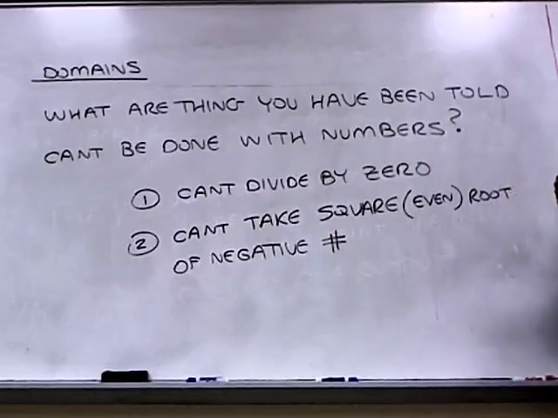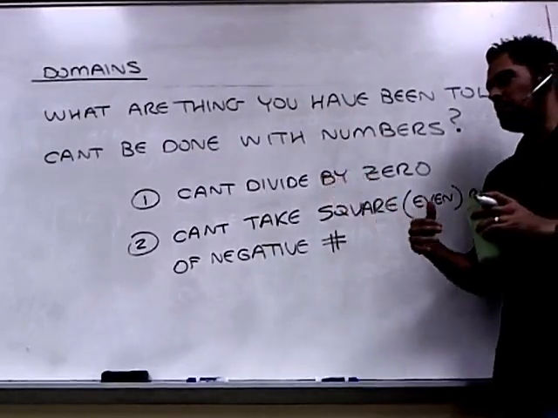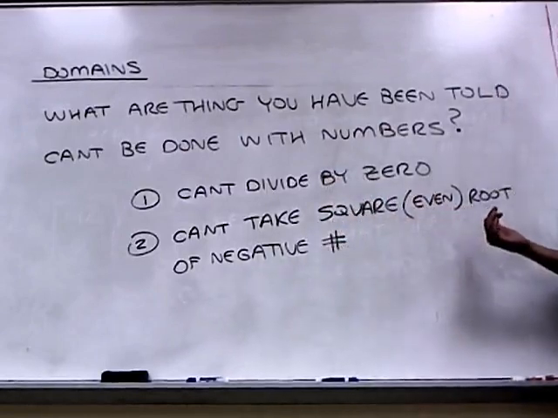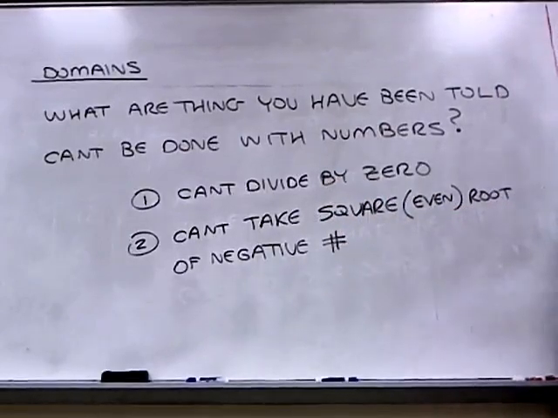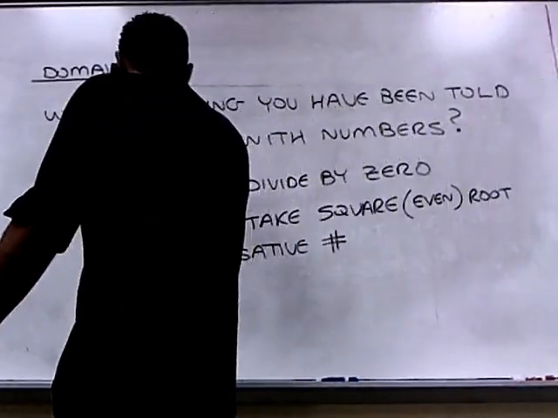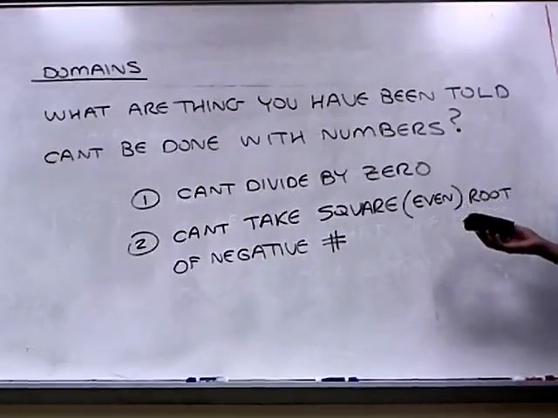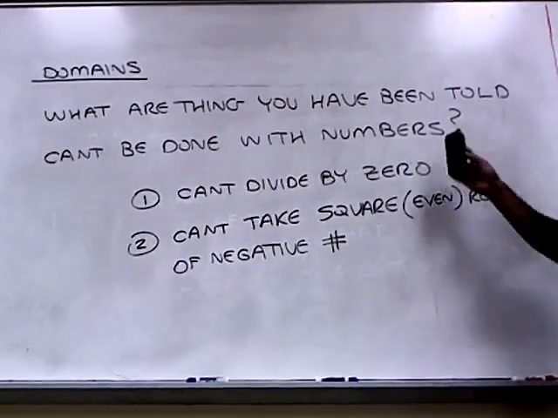Okay. i is not a real number. Everything we do in college algebra, pretty much, we're going to stick with real numbers. So we are not allowed to take the square root of a negative. All right? All right, so do we want to talk about why you can't divide by 0, or are we just happy with that? We're all happy? Okay.